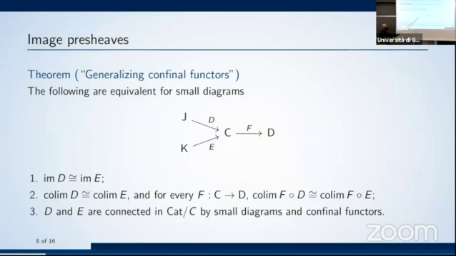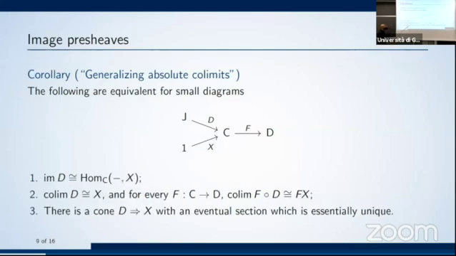If you do it for just one object, that reduces to having a cone, which will be a colimit cone, and this cone has an eventual section. So the arrows into X eventually will be split, and this split is essentially unique. You probably know this is the equivalent characterization of absolute colimits. So this can be seen as a special case of this idea of image presheaves in this theorem.